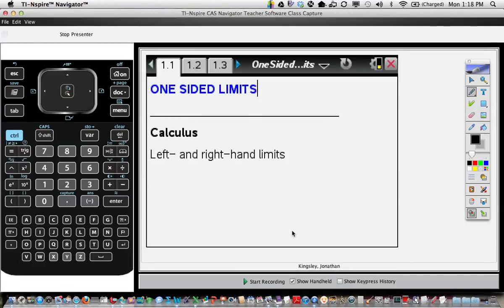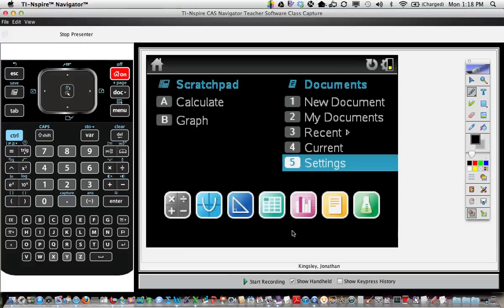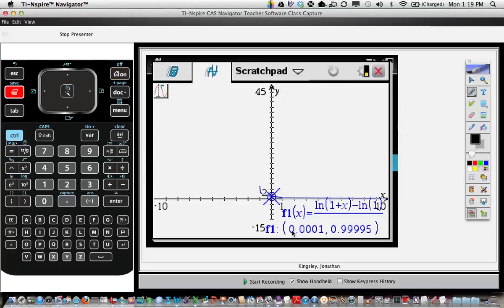All right. So, let's go ahead and go to your home screen, and go to the graph page on the scratch pad there. All right, and here is the thing we left off with in class the other day.